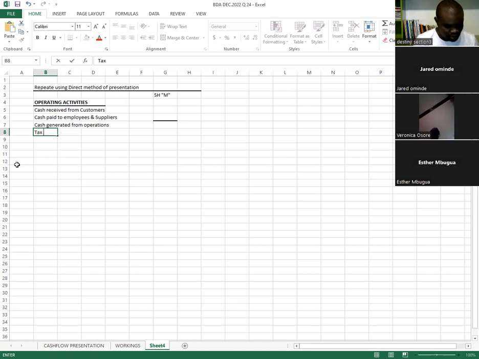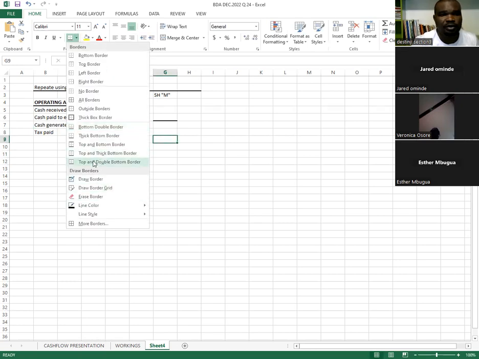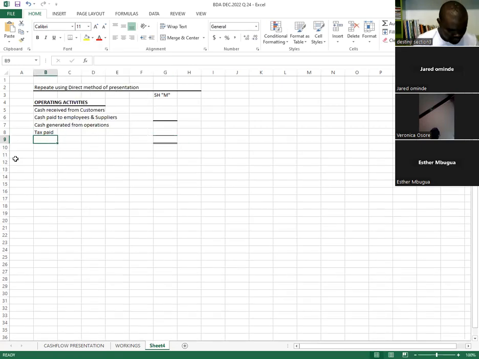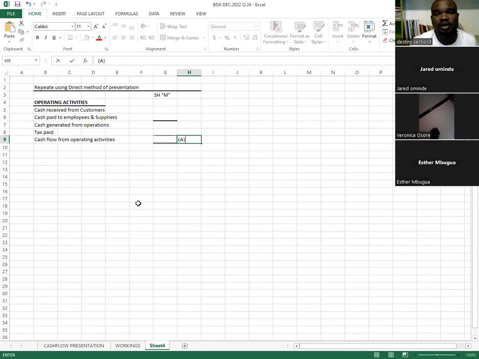Tax paid. Then whatever you will get after that is the cash flow from operating activities, which is going to be our A. So that one is our A there.